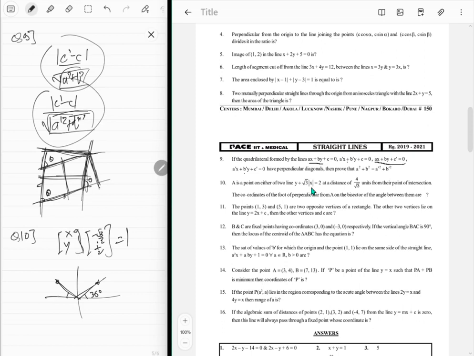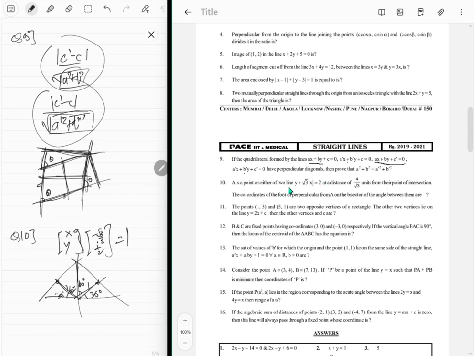And this would be 30 degree as well. So just two lines like these. This is 1, this is 1. Cool. This thing is 60 degrees, right? Yeah, it's also 60 degrees. And what are they asking? The coordinates of the foot of perpendicular from A on the bisector of the wait, sorry.